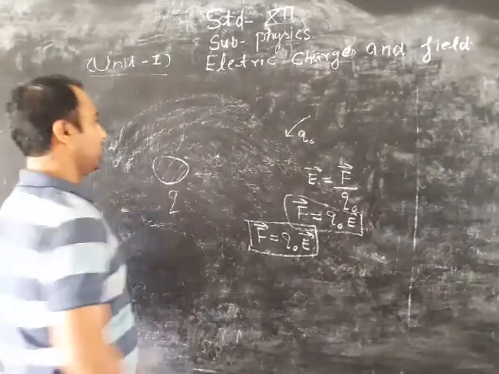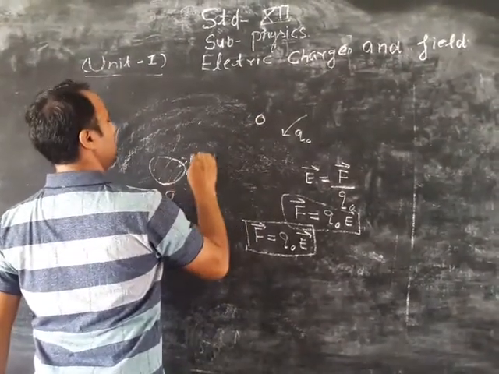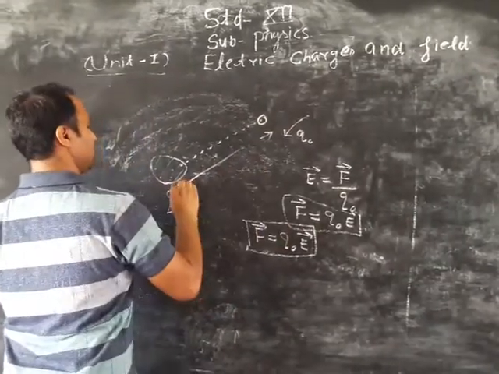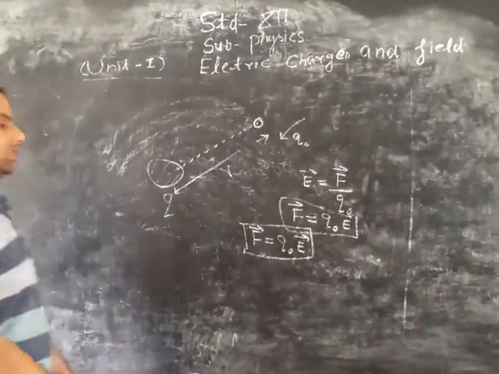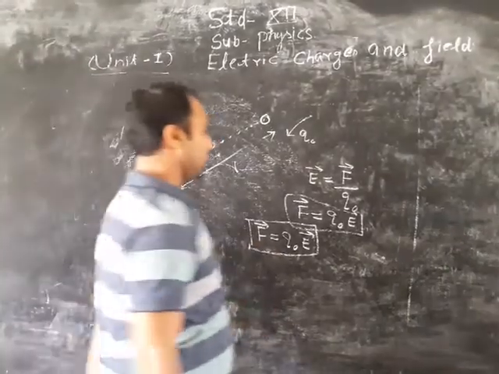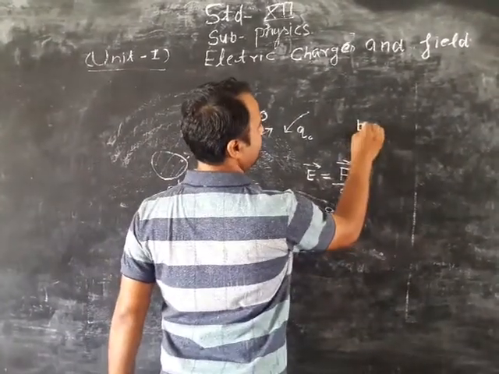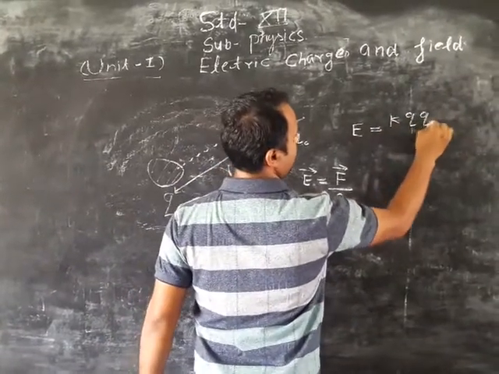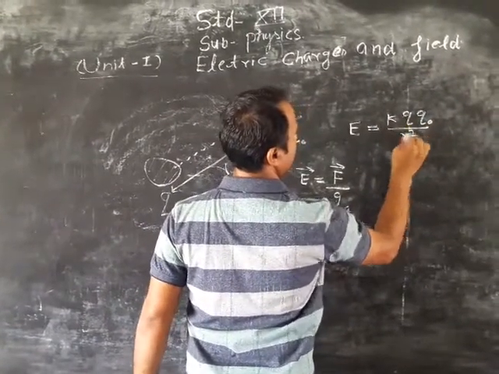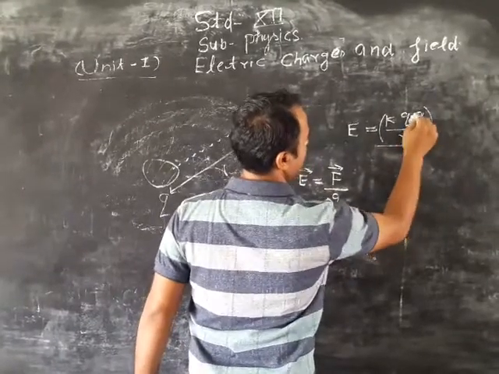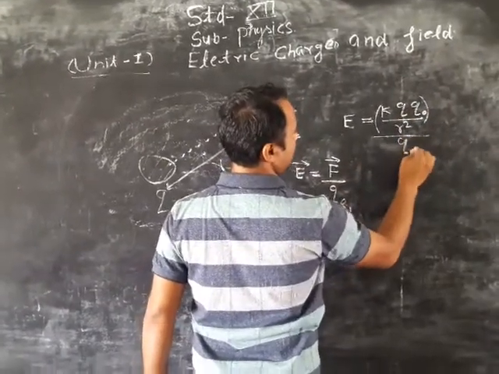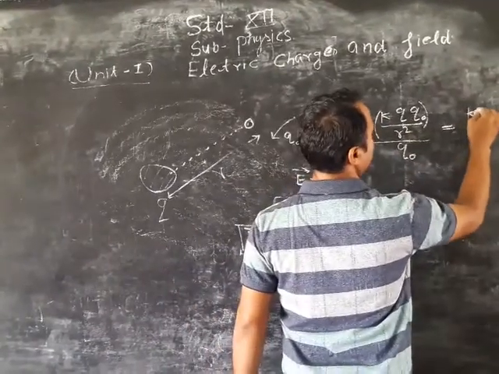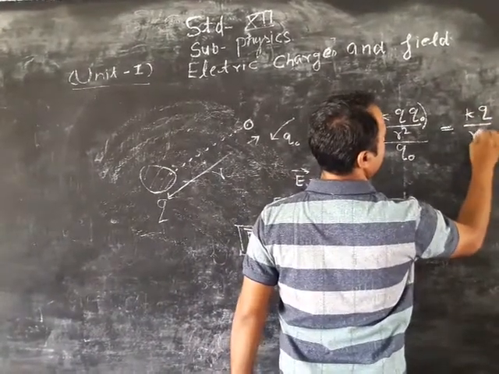And what is the value of force? If this charge is coming here and the distance is taken to be R, then what is the formula for the electric field E? The force upon Q naught gives the electric field, KQ by R square.